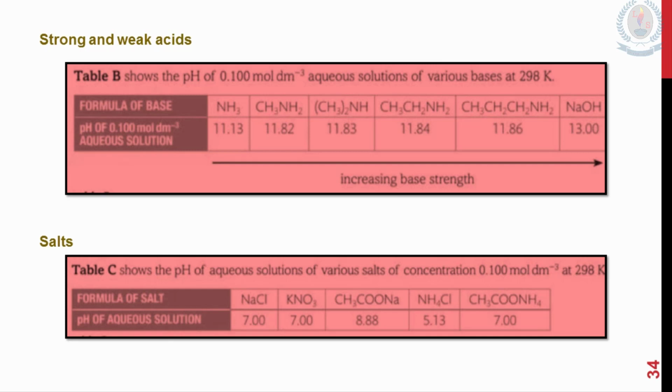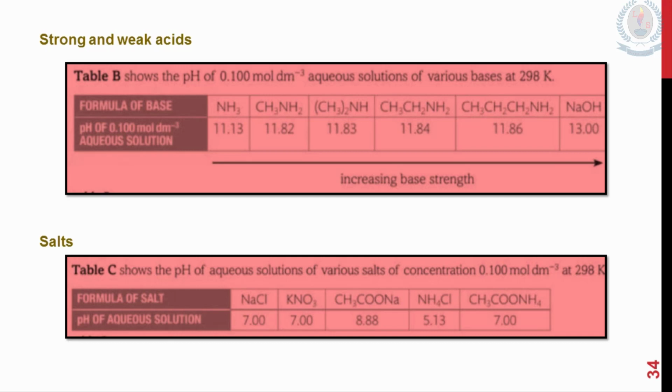Also an aqueous solution of ammonium chloride is acidic because it is the product of a strong acid HCl and a weak base ammonia. An aqueous solution of CH3COONH4 is neutral because it is the product of a weak acid and a weak base, and the relative strengths of the acid and the base are the same.